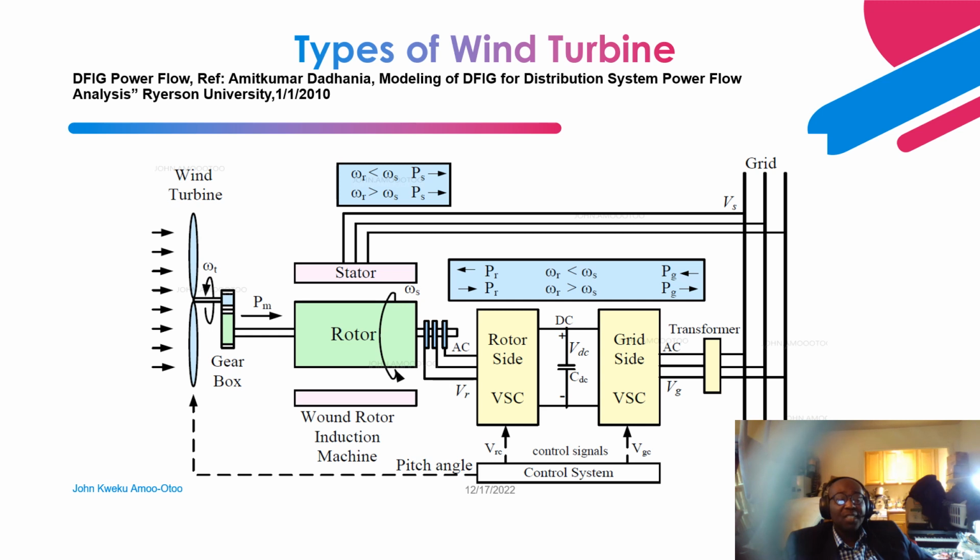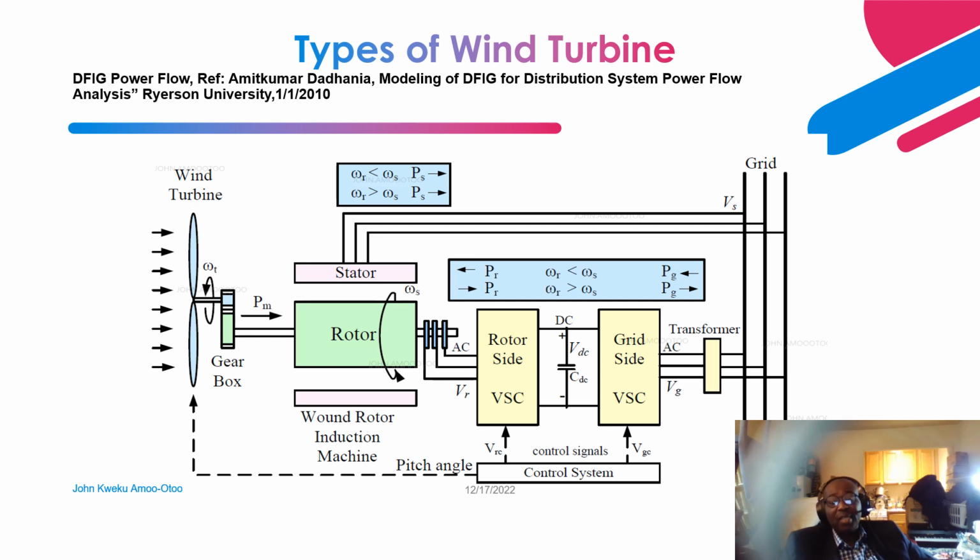Now let's talk about the converters. We have the machine side converter, the rotor side converter. And like I made mention, the goal of the rotor side converter is to control the speed of the rotor through a slip frequency. Right. Okay. In between this back-to-back converter is a DC link, right, and a capacitor. What is the purpose of the capacitor? The capacitor is fully charged to maintain the DC voltage, right?